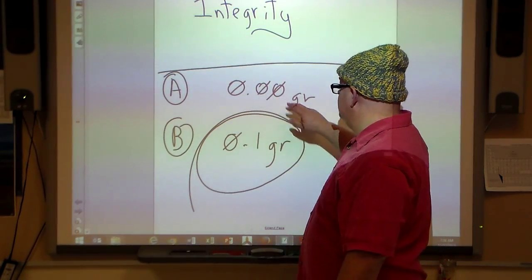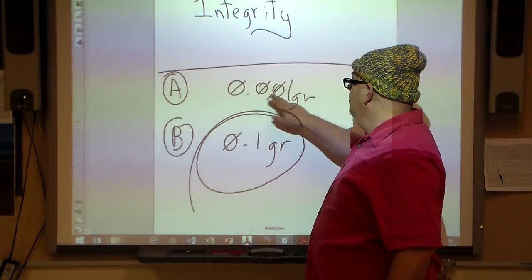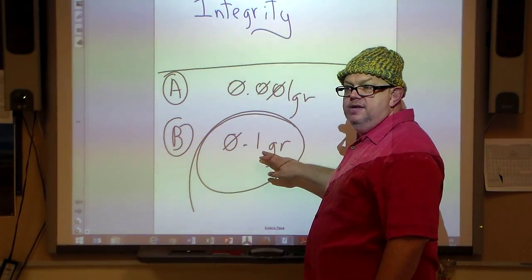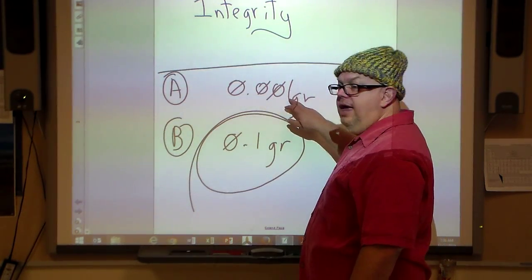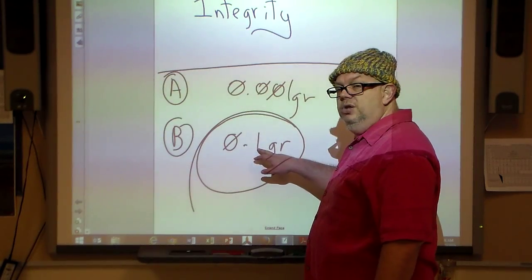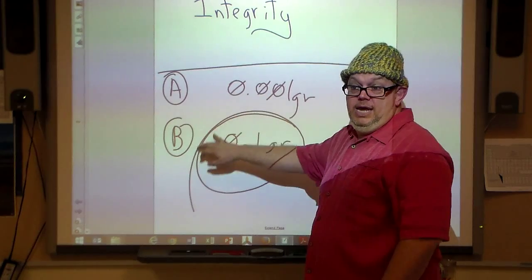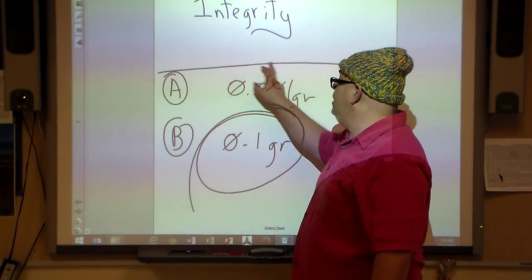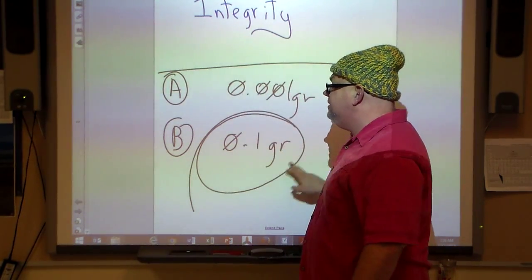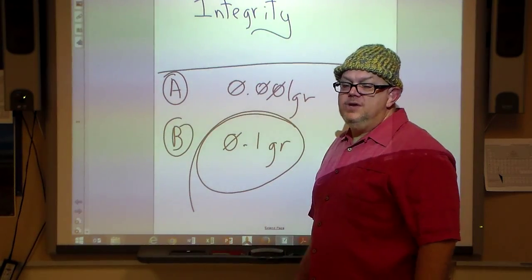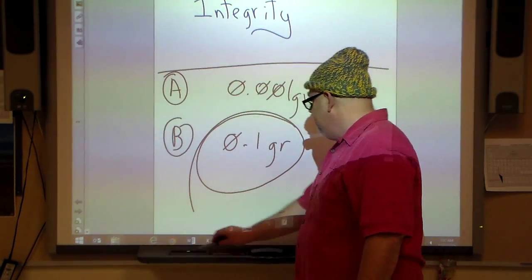Because this is more precise than this, because it's carrying it out to the 1,000th. This is only going to the 10th, so we will report this. This is having integrity. If we report it to this, and we use this as part of the experiment, that's dishonesty. That is not integrity.